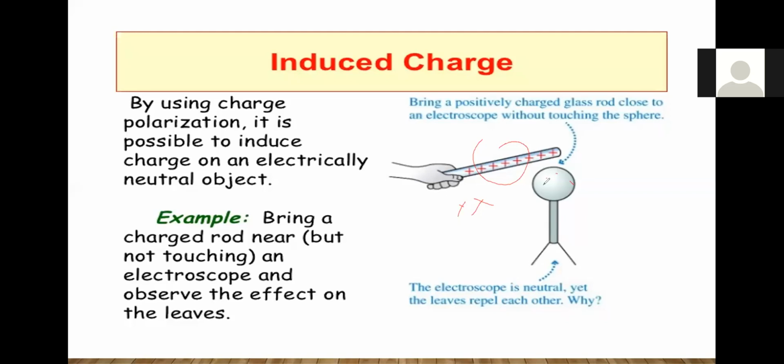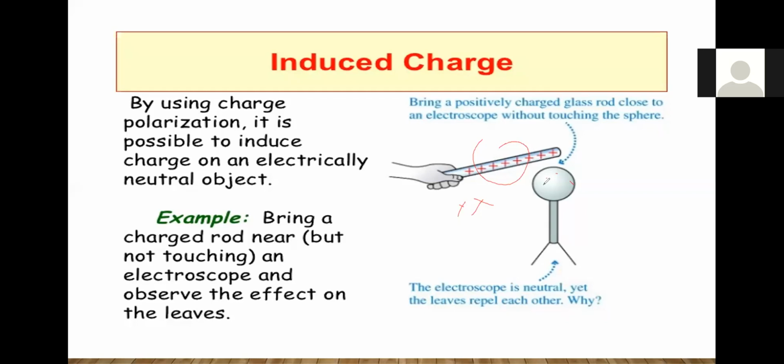This is something we can do with a neutral object. For example, this pen at this moment has no charge, but I am going to try to induce some charge. I am going to rub this pen to bring some charges to it. At this moment a positive charge will be created at the surface of the pen.